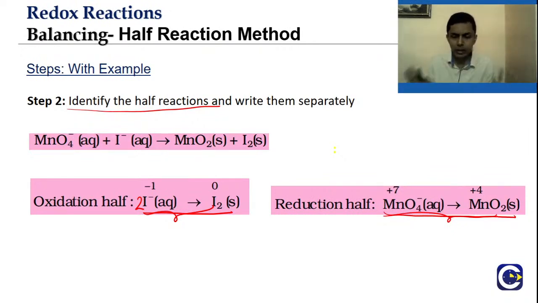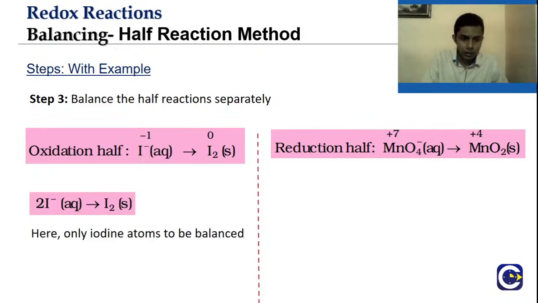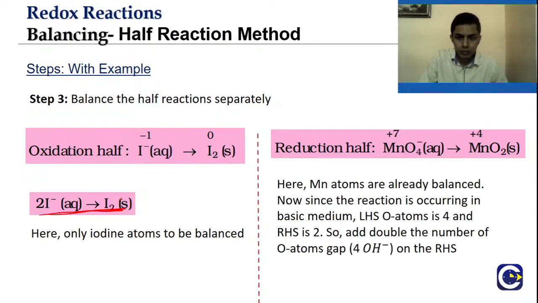Simple technique. Manganese is already balanced: one manganese and another manganese. So 2I minus giving I2 balances iodine, and Mn is already balanced.